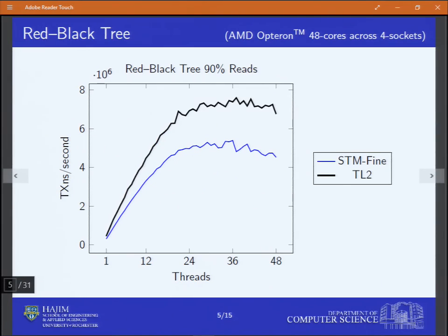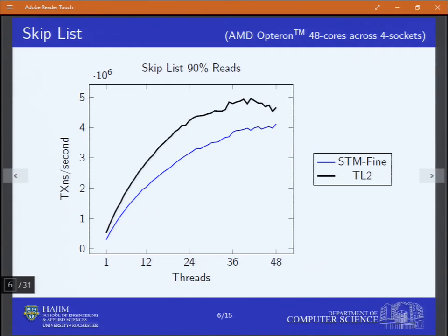So, jumping to the end, here's our results. I put the results here because it may be easier to understand the trade-offs of the implementation if we first see that we get better performance on micro benchmarks that are running a concurrent data structure, red-black tree and skip list.